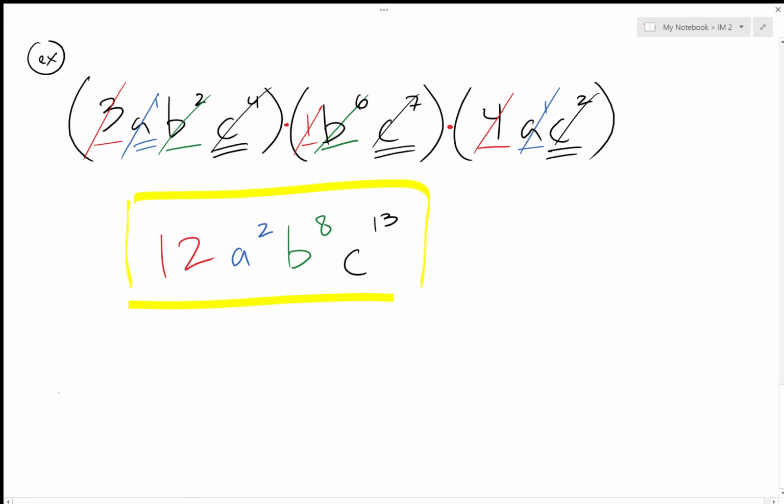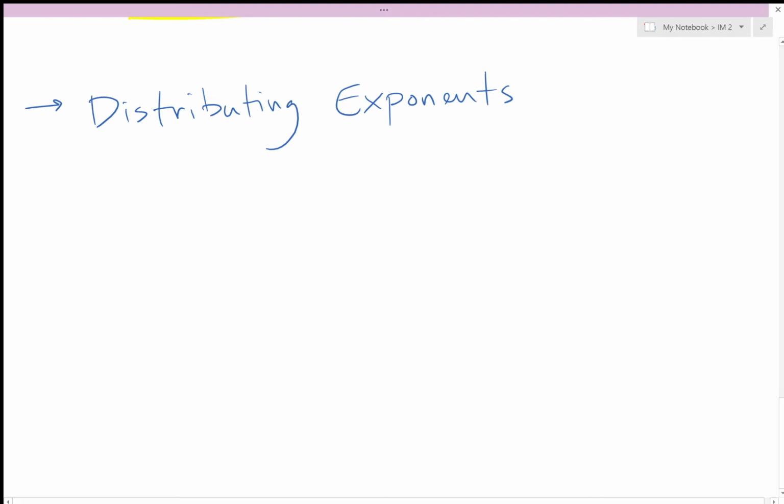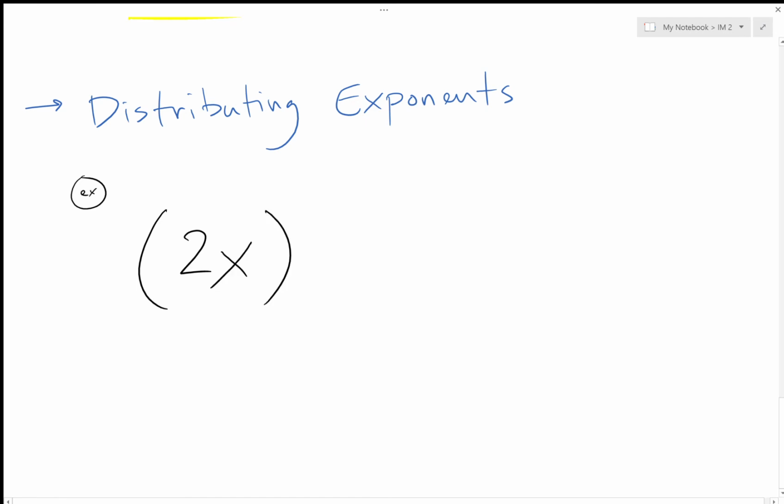The next one is distributing exponents. All right. So for example, if we have 2x to the 4th power, we don't like that the parentheses are there.